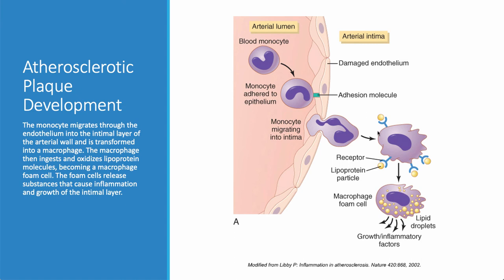And so this now is a macrophage. It picks up these lipoprotein particles and envelops them and absorbs them. And these now become foam cells. We call them foam cells because they look foamy under a microscope because of all the lipid droplets that they have inside of them.